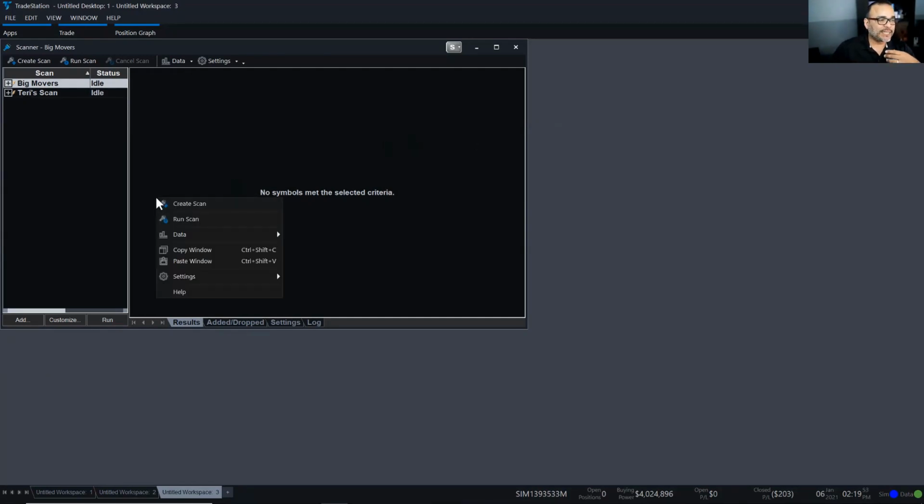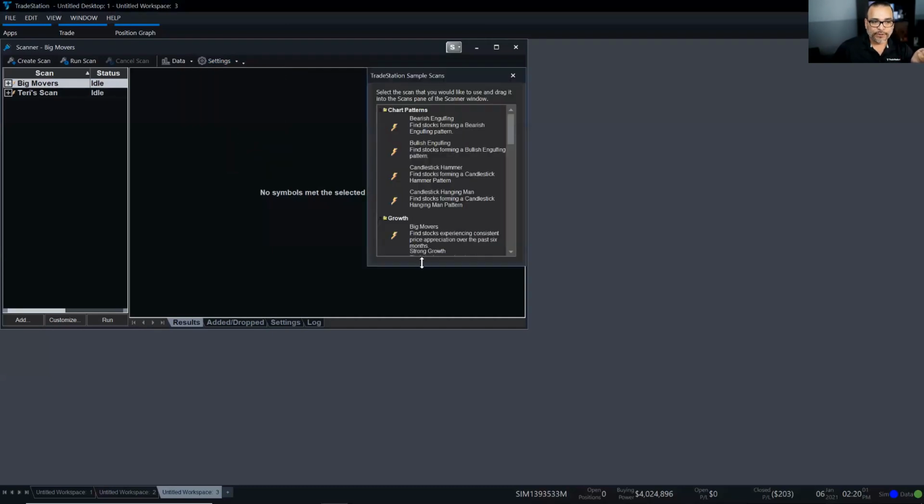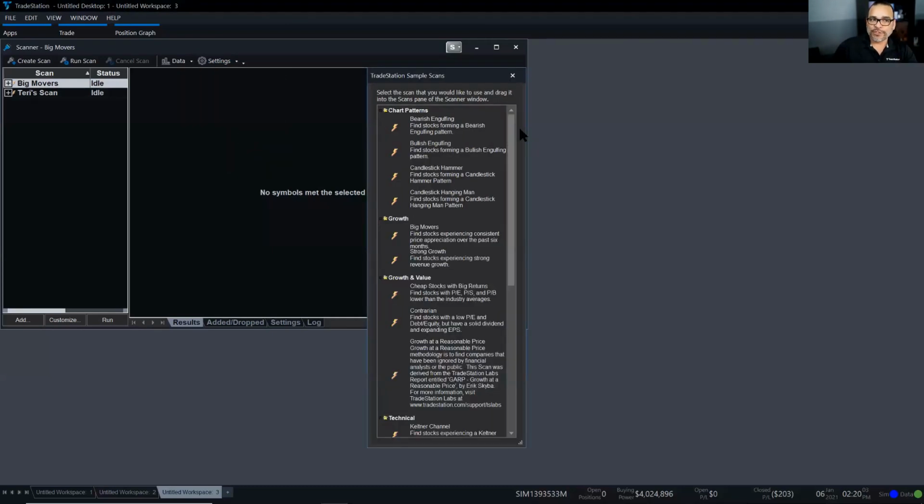So if you right-click and go to Settings, or even if you go to Settings here at the top, you have sample scans. Click it. Notice how the box shows up. You can use any of the scans that are here, or you can create scans of your own. The ones that are here are not there because they're ideal scans. They're just here for you to look at how they're set up and maybe build on top of them.